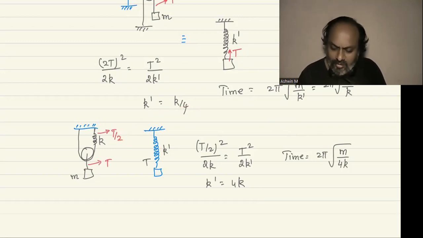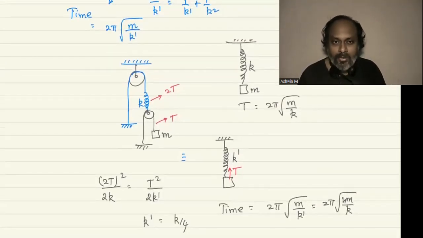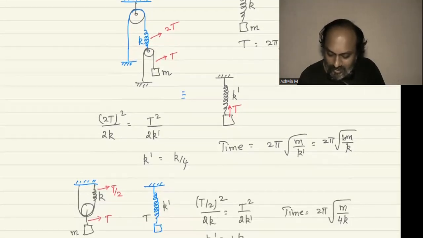In fact, the questions which I have given you here, to an extent, they can be managed by making use of the force method. You displace this block by an amount of x, and then you find out the net force on the block, and then show that the net force is directly proportional to this x, and then get the time period. Although that can be done in the case of the arrangements where you have just one single spring.